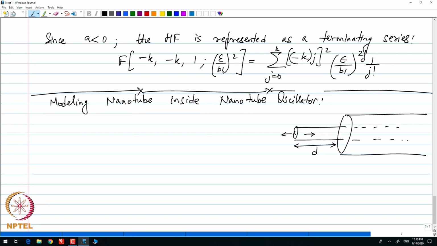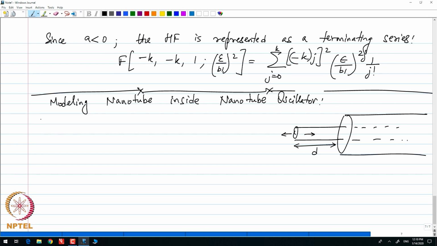And then we are going to assume in this motion that this pulling is not that much that the inner nanotube completely comes out of the outer nanotube, or that there are no edge effects of the outer nanotube with the inner nanotube. Otherwise, if the entire inner nanotube gets pulled out, we expect that the motion is going to stop and the model is going to fail.